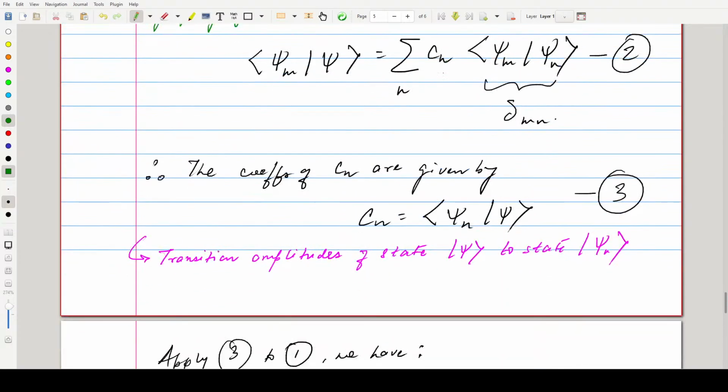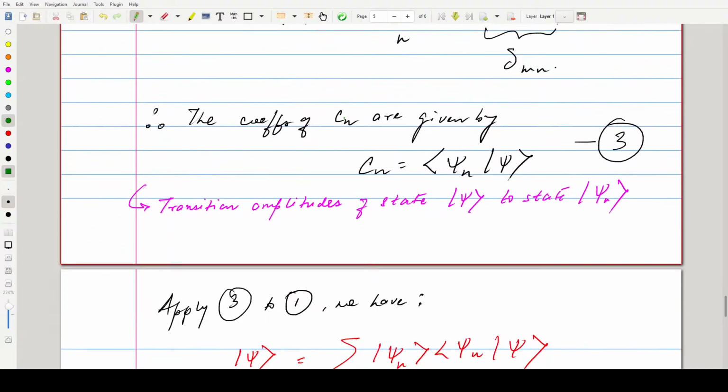So Cn itself are those projections, as we have seen when we were deriving the Gram-Schmidt orthogonalization process. We are going to be getting some C's, and those C's were the projection operators. And these are essentially the transition amplitudes of the state from psi to the state psi n.